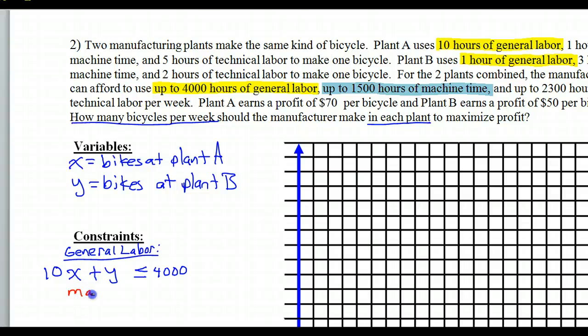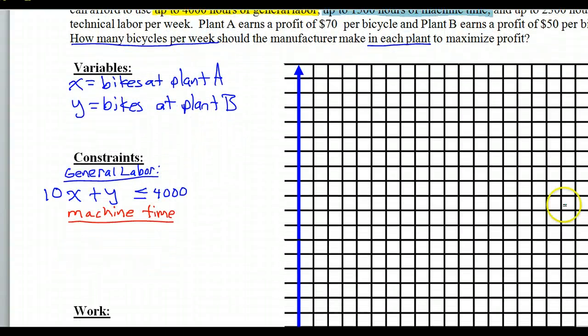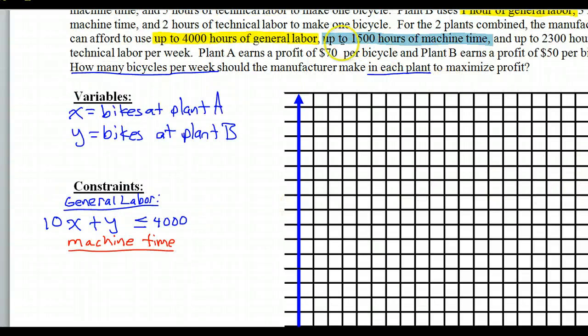Okay, let's call it machine time. All right, so they said the total amount of machine time up to 1,500. So whatever else happens, the total machine time has got to be less than 1,500.